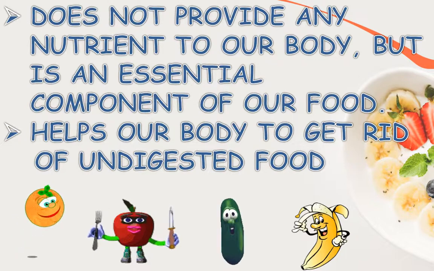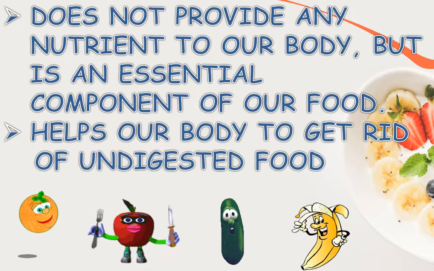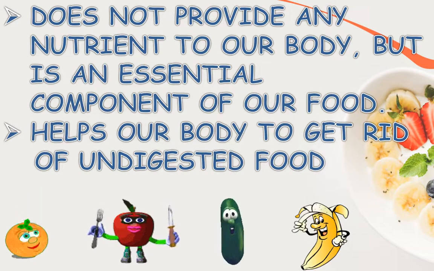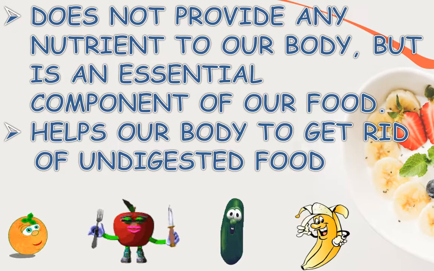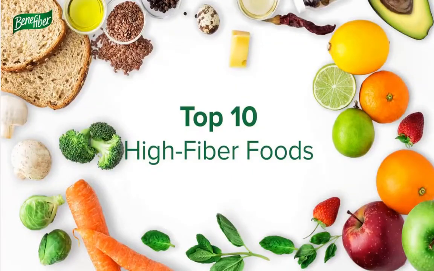Roughage does not provide any nutrient to our body but is an essential component of our food. This helps our body to get rid of undigested food. Some main sources of roughage are whole grains, pulses, potatoes, fresh fruits and vegetables.